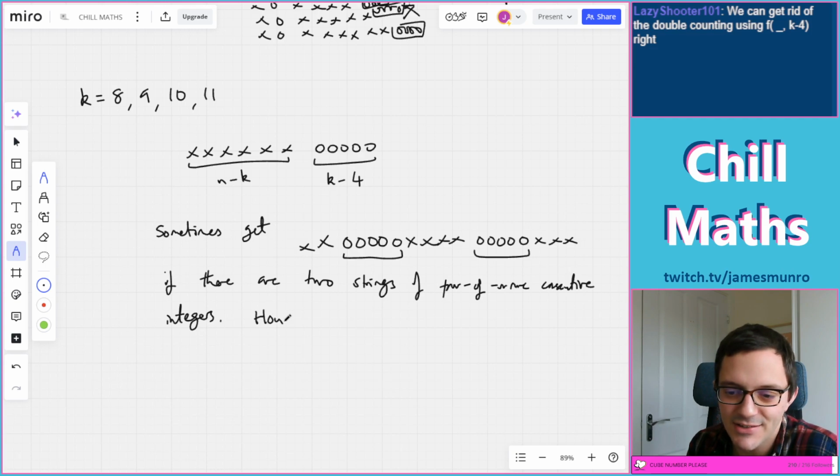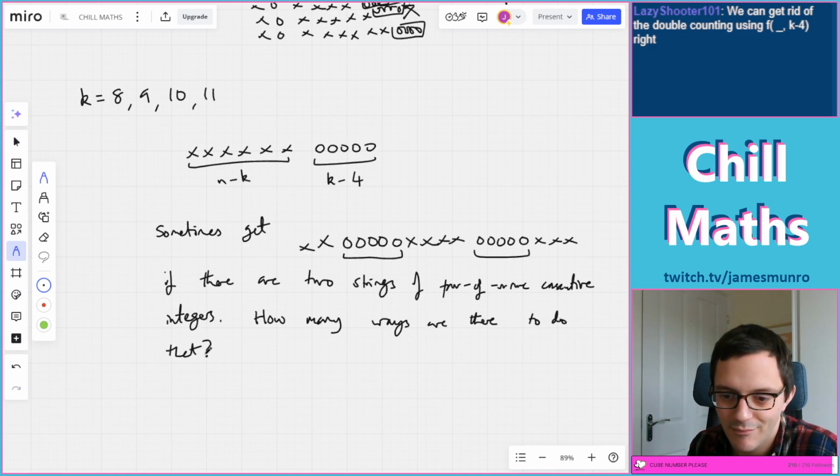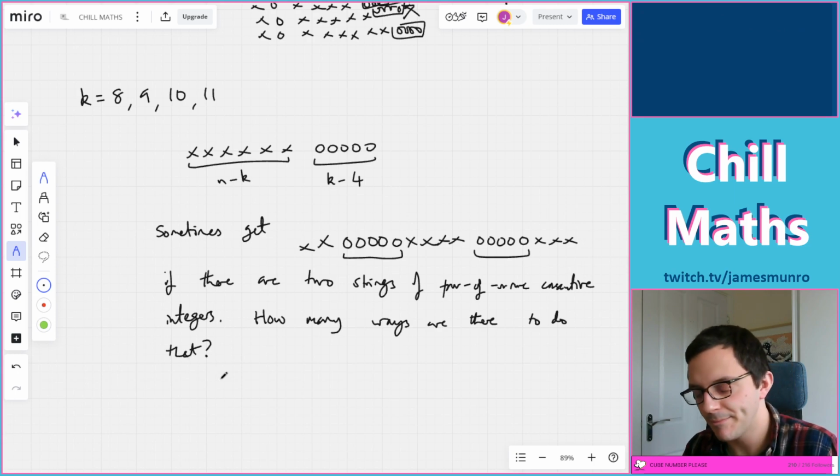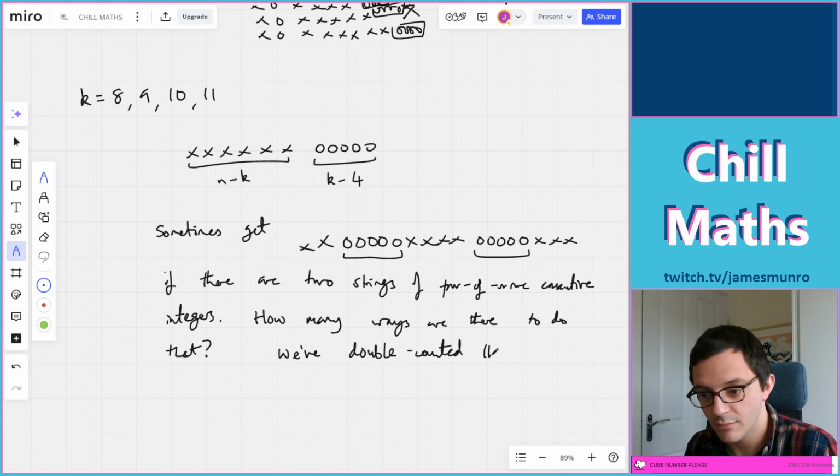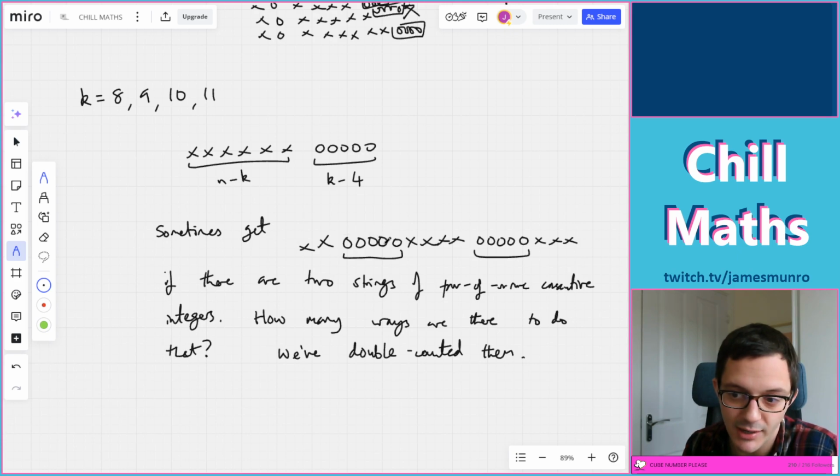How many ways are there to do that? And this is a concrete problem. And to be clear, we've double counted them. Because we might have played our +4 card here, or we might have played our pick up 4 card over here.